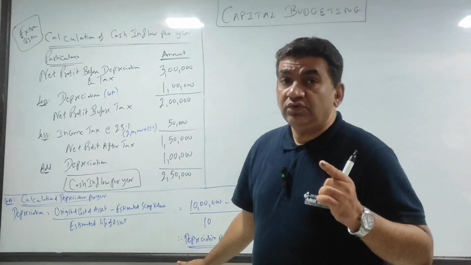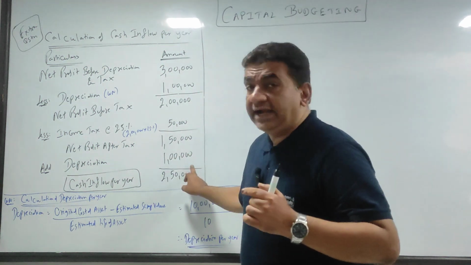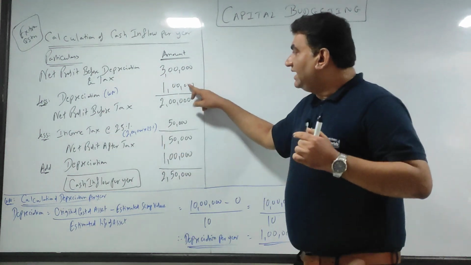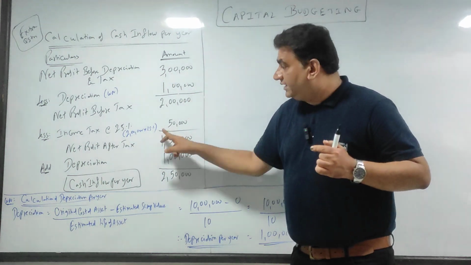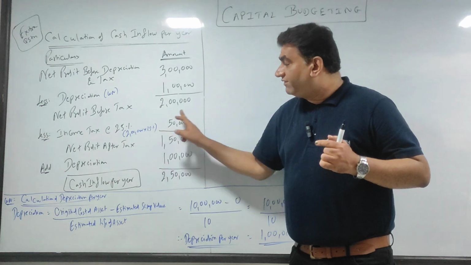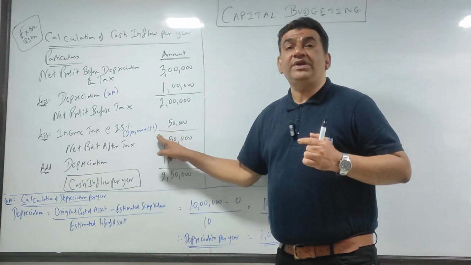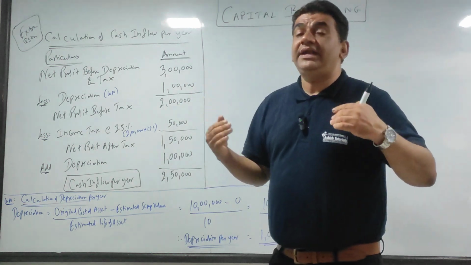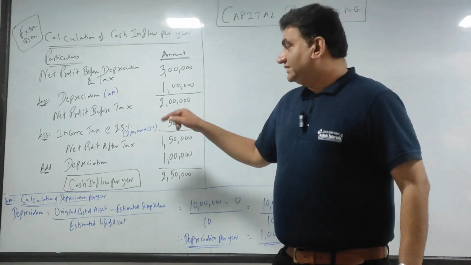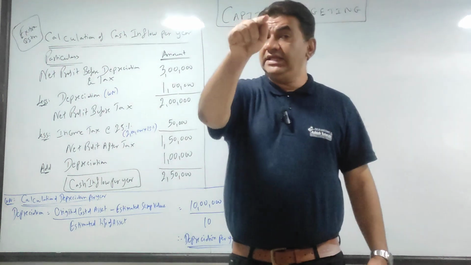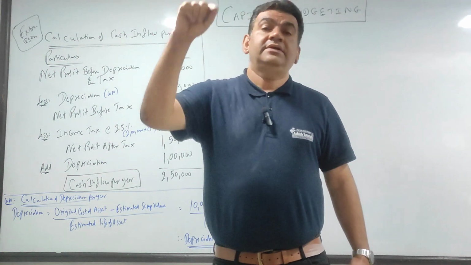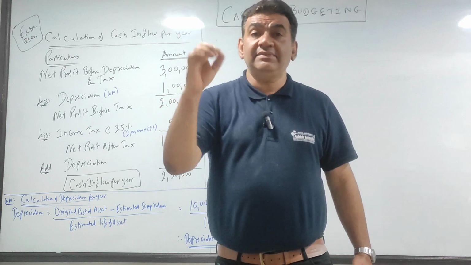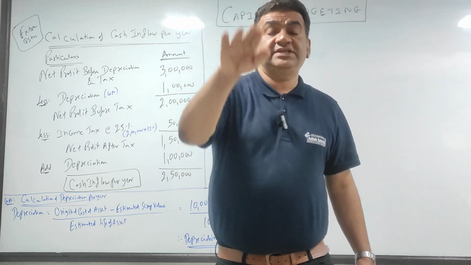Why? What is the logic I told you? Why we deducted and added again? Because of tax benefit. अगर मैंने 1 लाख डिडक्ट नहीं किया होता, इनकम टैक्स 2 लाख का 25% की जगह होता 3 लाख का 25%, 75,000. I would have paid more income tax. That is the reason government gives you the benefit of depreciation, meaning income tax benefit on depreciation.